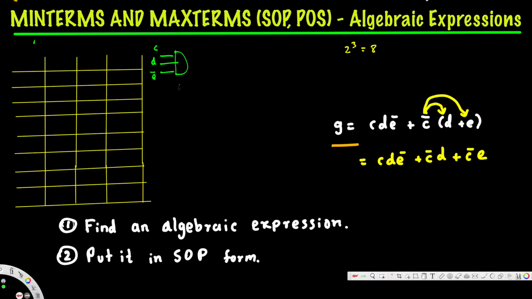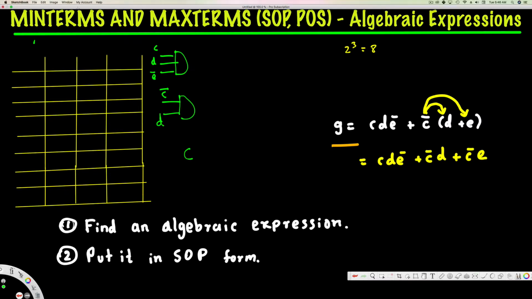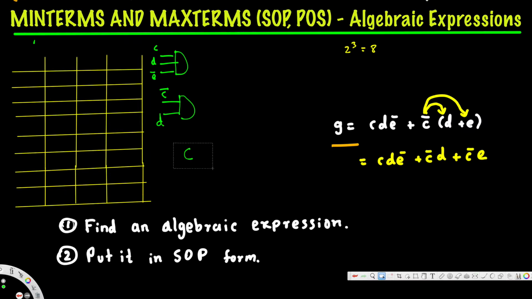Also we have C bar D, and then we have C bar E. All of them are entering the OR gate because we have addition.